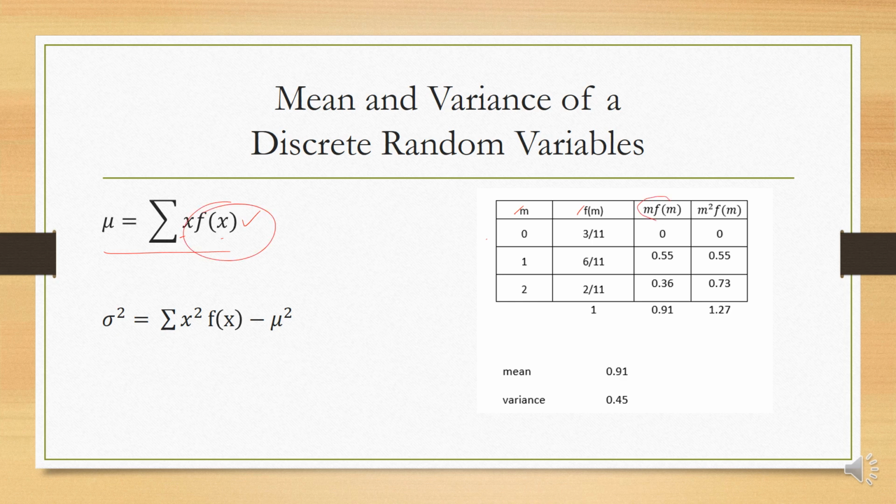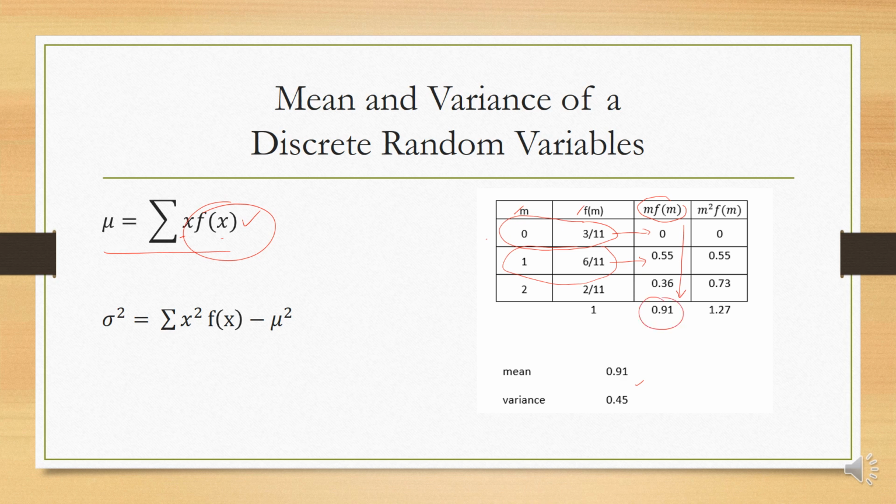So, this time, dahil M yung ginamit natin, magiging m, f of m. So, paano yun kukunin? All you have to do is multiply at kunin yung nandito sa third column. Okay? So, this one, multiply. Inassign ko na lang siyang decimals para mas makita natin yung percentage as probabilities. Okay? So, when you get the summation, this will represent your mean.